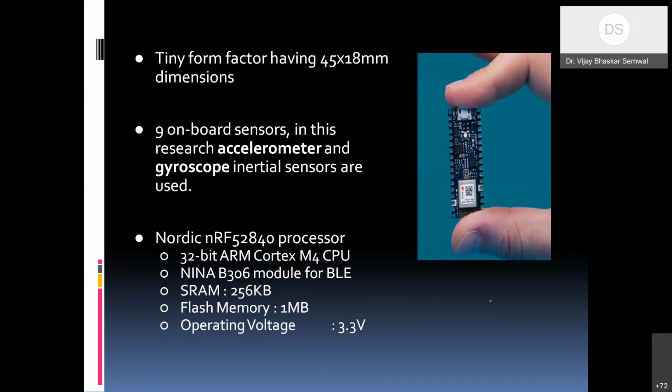The Nordic nRF52840 processor has a 32-bit ARM Cortex-M4 CPU, with the NINA-B306 module for BLE Sense. The static RAM is 256 KB, the flash memory is 1 MB, and the operating voltage is 3.3 volts.